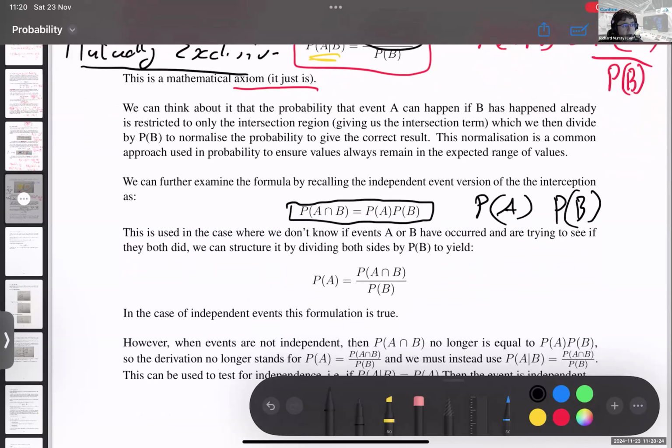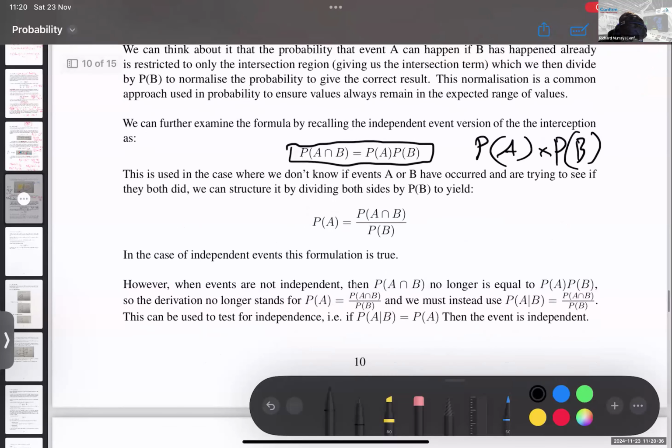So if things are independent, then our intersection is given by probability of A times the probability of B. If they are not independent, then this is not true. And this is our test for independence.